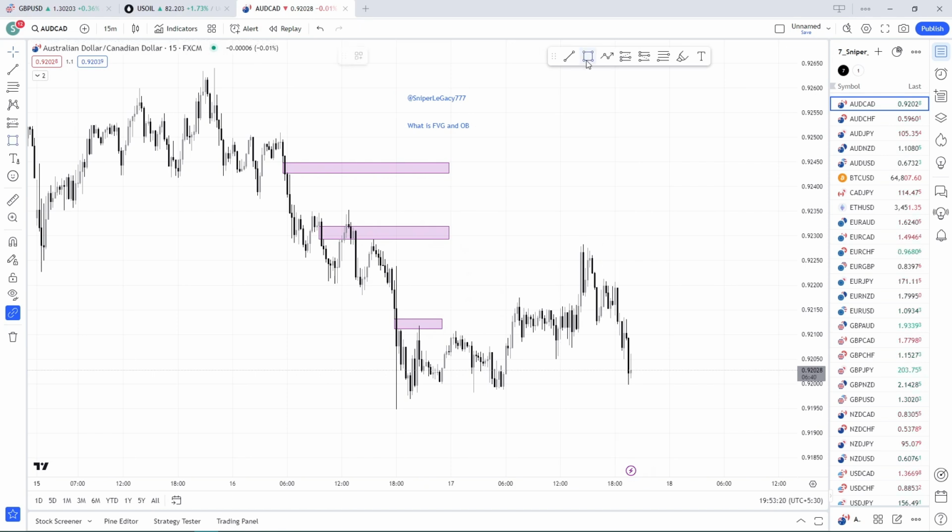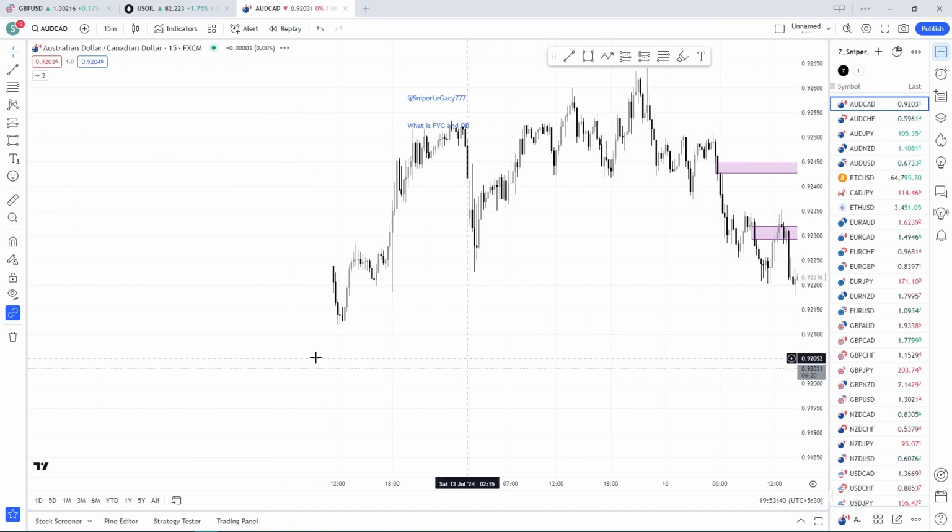Now in this price action, we have the first green candle, second green candle, and the third indecisive red candle. We have a gap between the first candle and the third candle. This is also FVG, right? So we have marked our fourth FVG of the session, and let me scroll back.